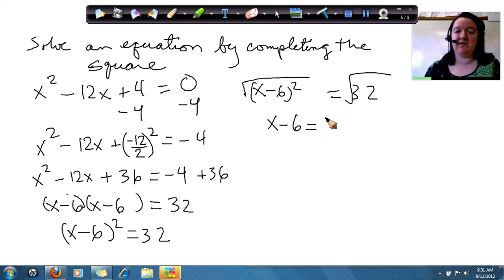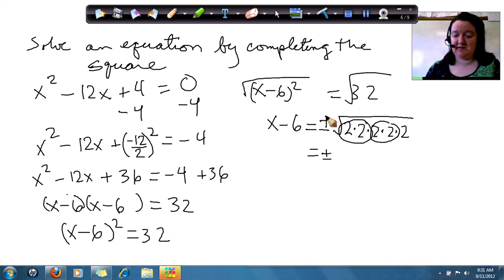We need to figure out what the factors of 32 are. So I have 2 times 2 times 2 times 2 times 2. I have a pair here and a pair here. So I have plus or minus 2 times 2, square root of 2, and we have the x minus 6.